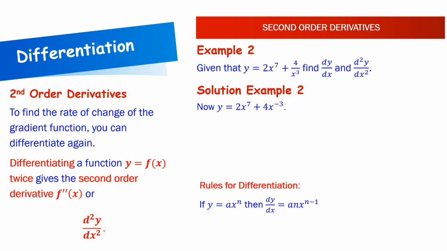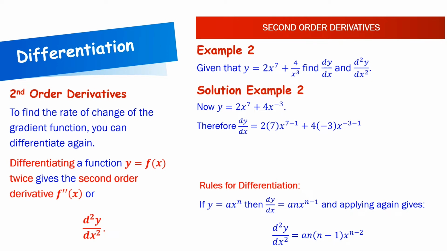If we apply this rule again, then we can obtain the formula for d2y dx squared. So applying the formula again gives us d2y dx squared equals a times n times n minus 1 times x to the power n minus 2.